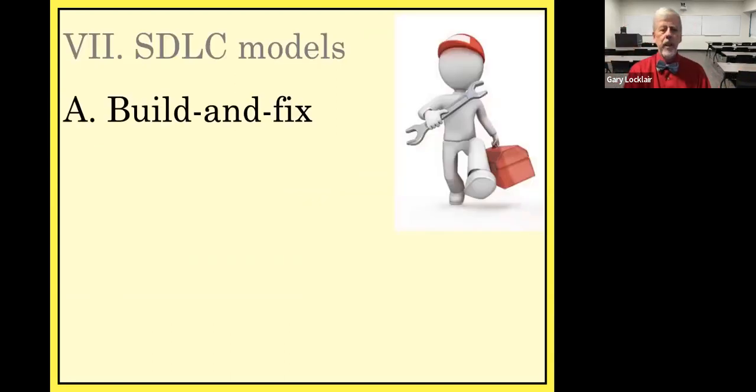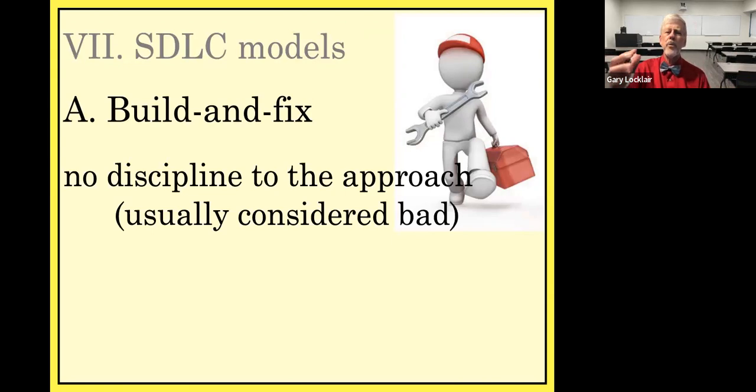Historically, one of the earliest software development lifecycle models was build and fix. You can imagine that you're thinking, it doesn't sound really good. And you're right. This was a zero discipline approach. No discipline to how I'm doing. I just build something. If it's wrong, then you fix it.